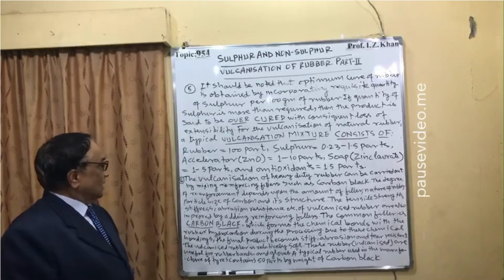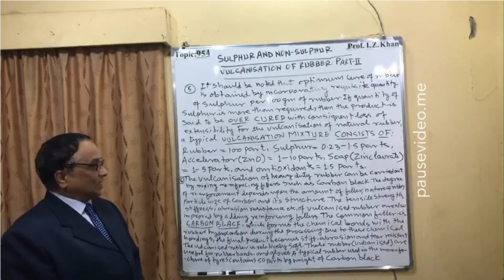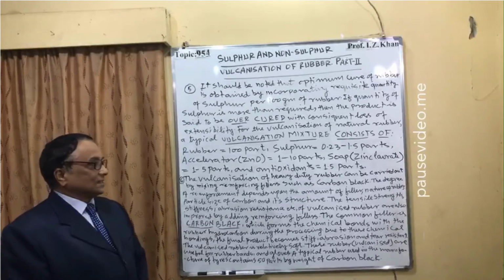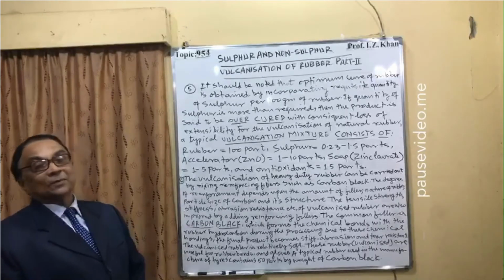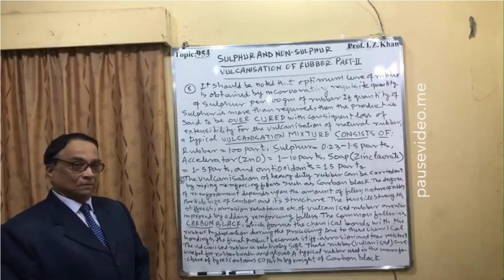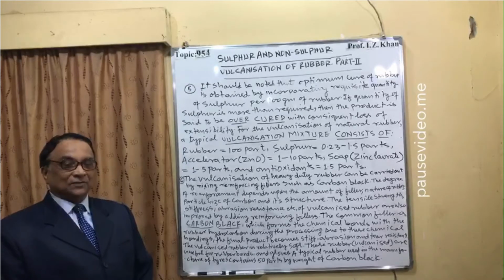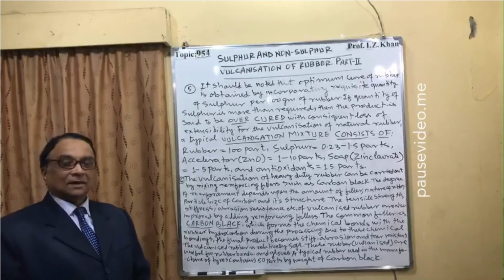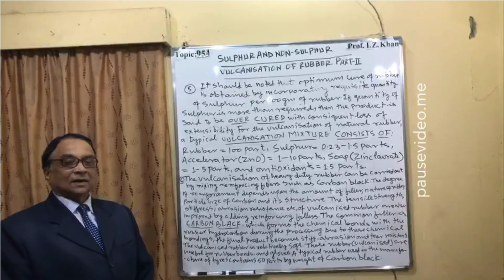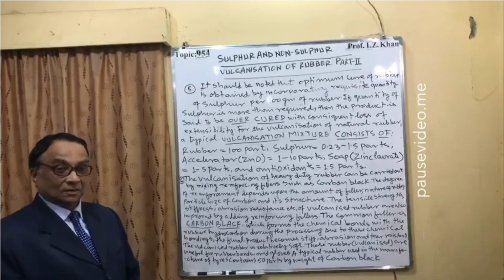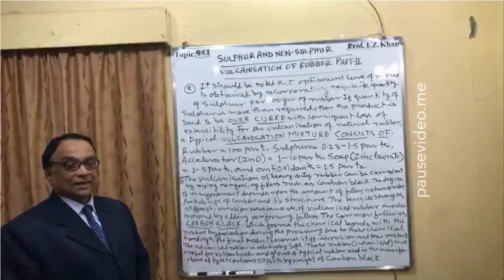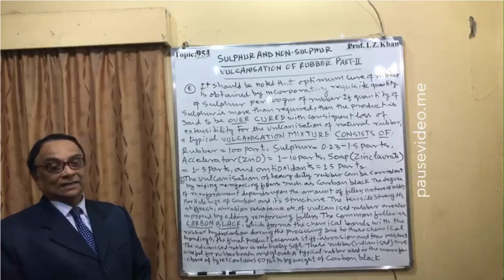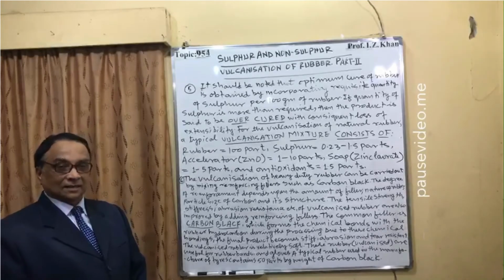Number six, the vulcanization of heavy duty rubber can be carried out by mixing reinforcing fillers such as carbon black. So carbon black plays a very important role. It is used as reinforcing filler in manufacturing of tire, rubber ribbon, gloves made of rubber, and in tire especially the carbon black may go up to 50 parts with 10 parts rubber and other accelerator.